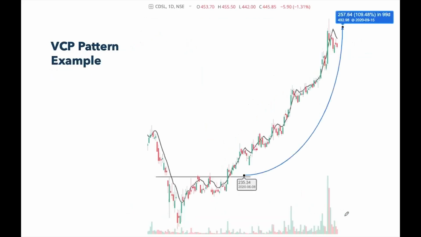So this is the successful example that we had with a VCP pattern. This is CDSL. You can see that this clear VCP was formed with a 2T pattern.